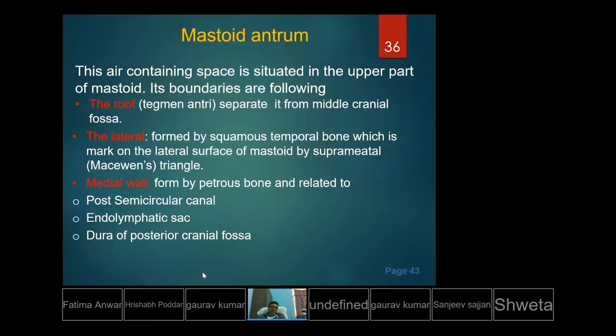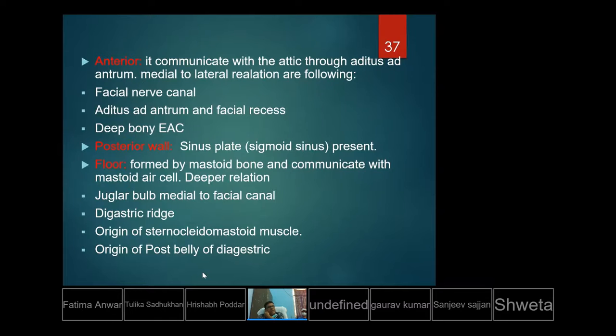And the medial wall is formed by petrous bone and related to the posterior semicircular canal, endolymphatic sac, and dura of the posterior cranial fossa. Anteriorly, it communicates with the attic through the aditus.